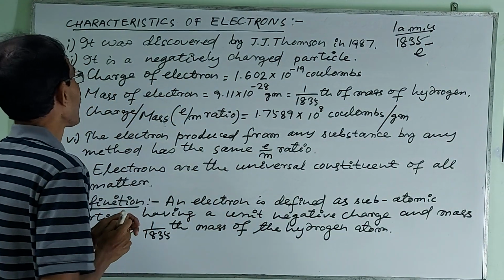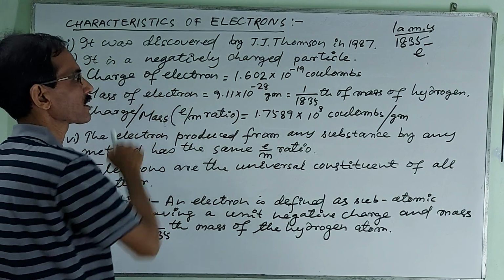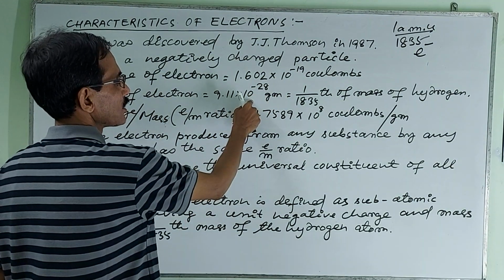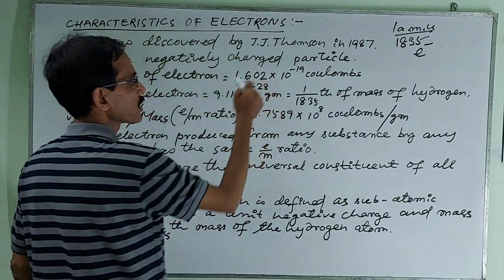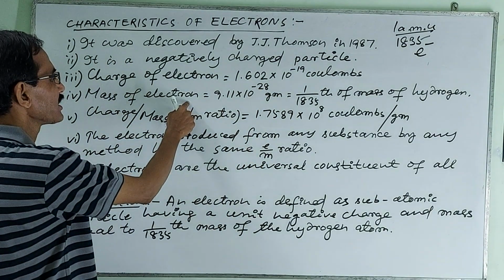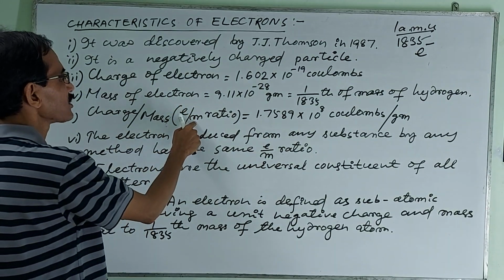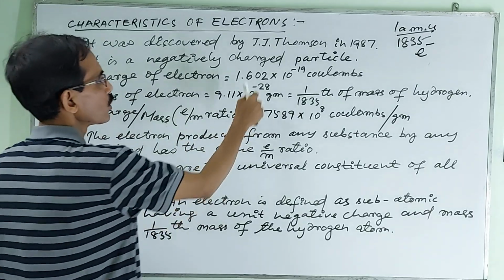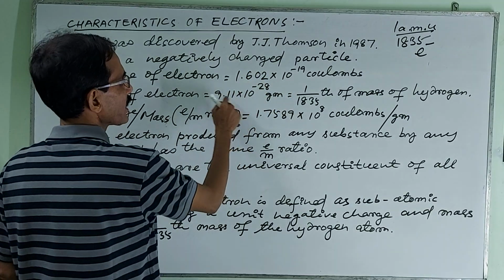Charge divided by mass. This means you will get the unit coulombs per gram. Charge is denoted by e and mass is denoted by m. The e by m ratio equals this divided by this.